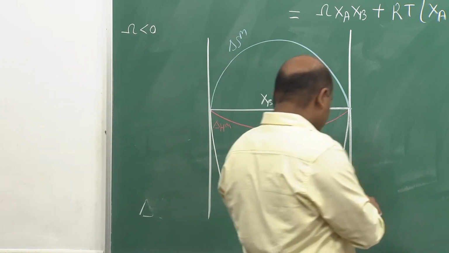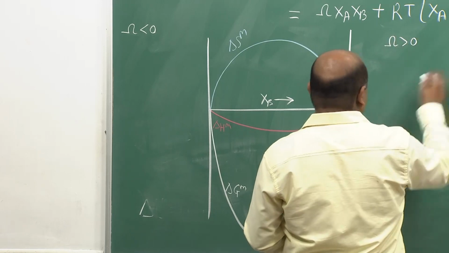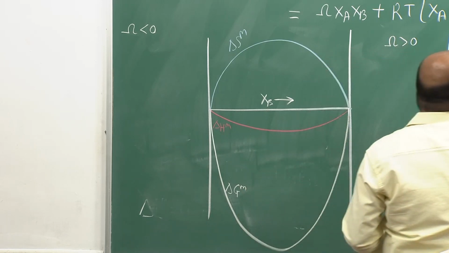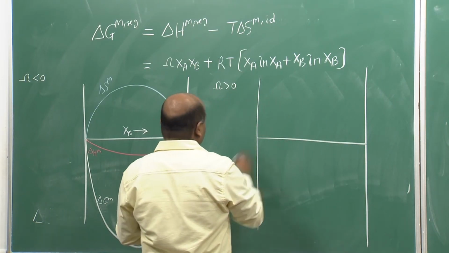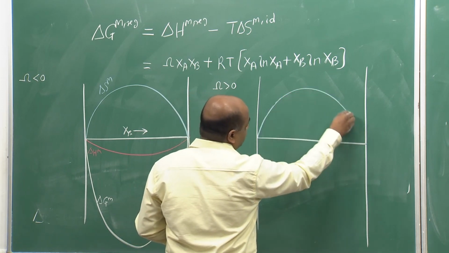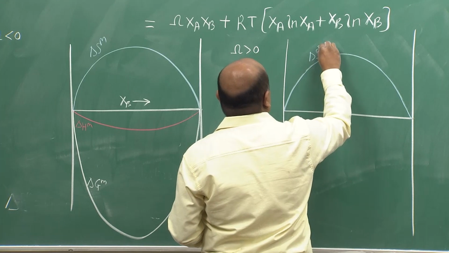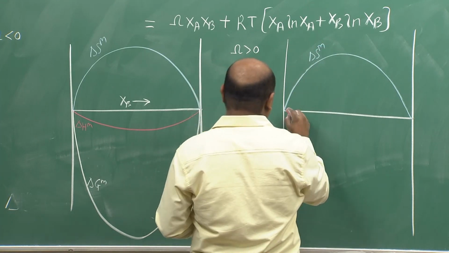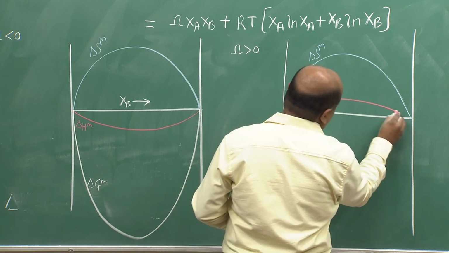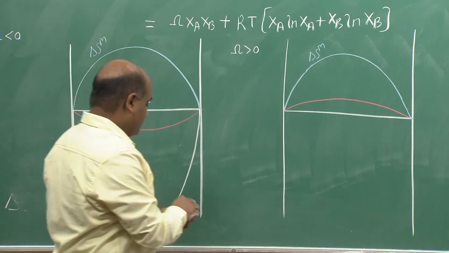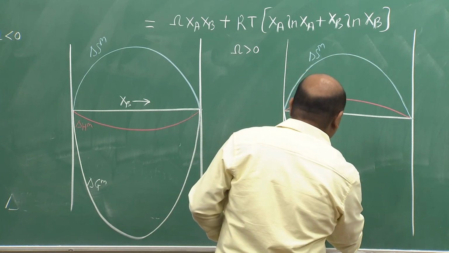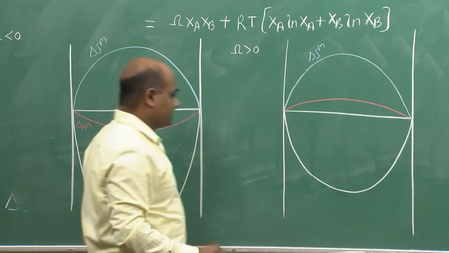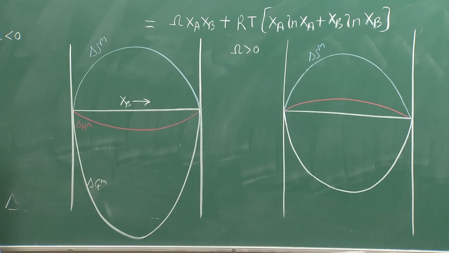What if omega is positive? Delta SM will still be positive everywhere. Now, delta HM is positive, and so for delta GM, you will see the magnitudes of delta GM would be lesser than what it would be for negative omega.